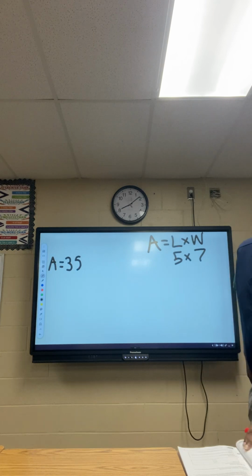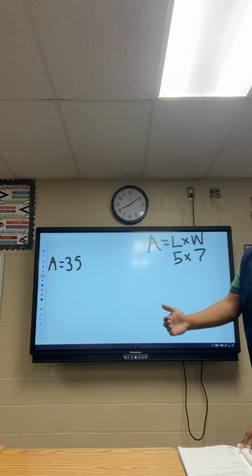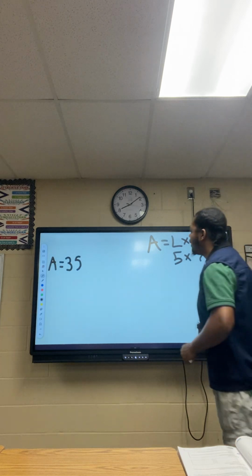So it looks like for the first rectangle you'll be working with meters, and then the second rectangle you'll be working with yards, okay? So your answer after you do your multiplication should be meters squared or yards squared, okay?